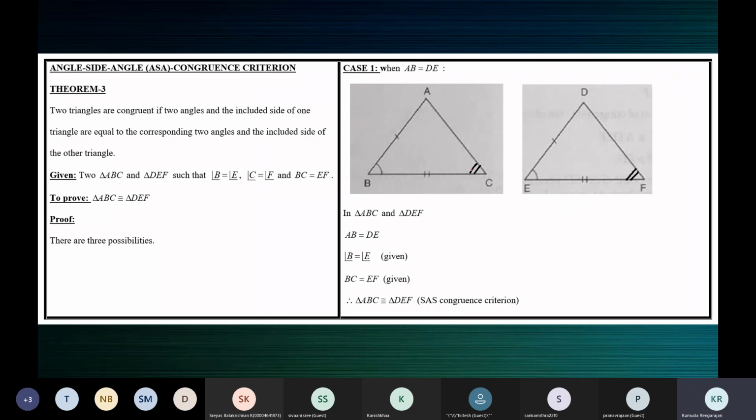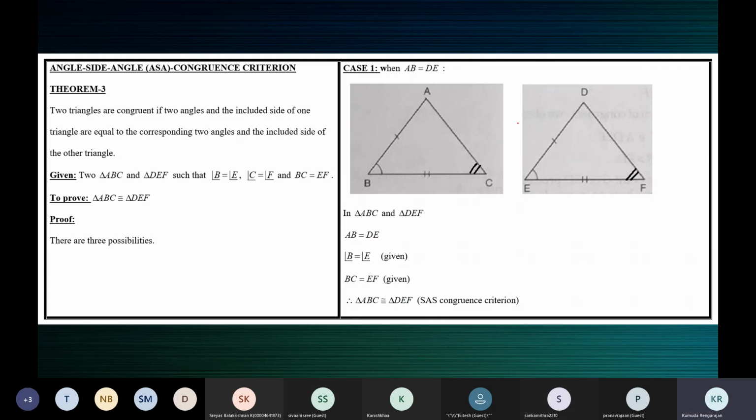Similarly, in the other triangle, angle E and angle F include the side EF. For angle E and angle F, ED is not the included side; EF is the included side.